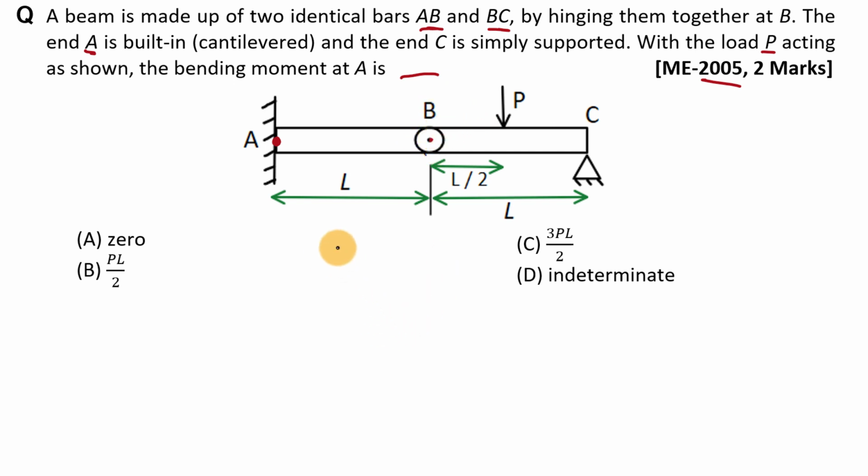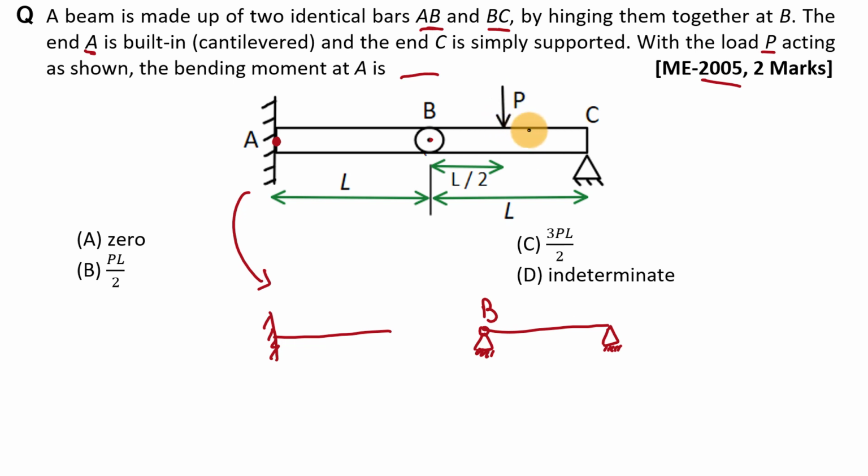Here we can consider this example as two beams. One is cantilever beam AB and other beam is BC. That is, one is hinged at this point, point B, and at this point it is simply supported.